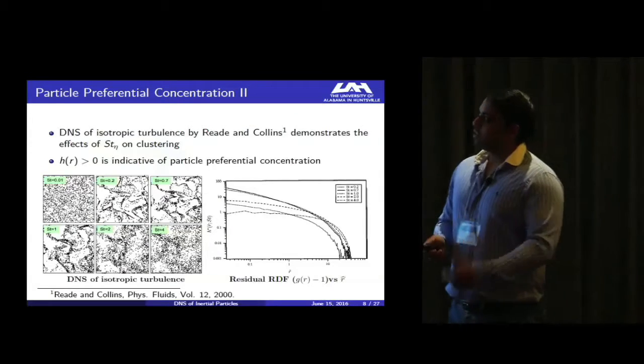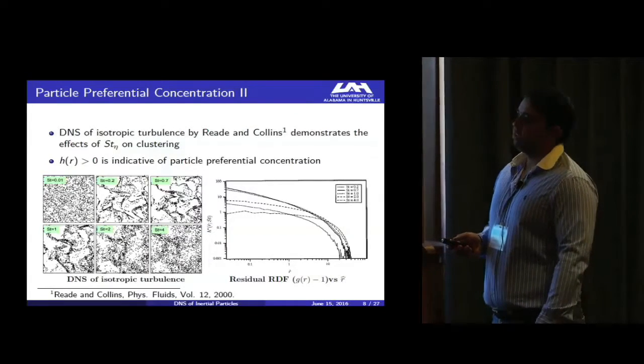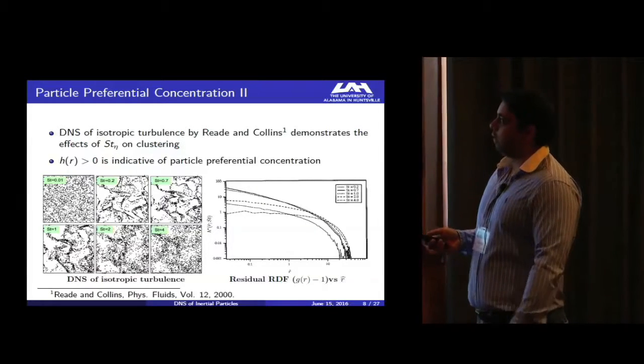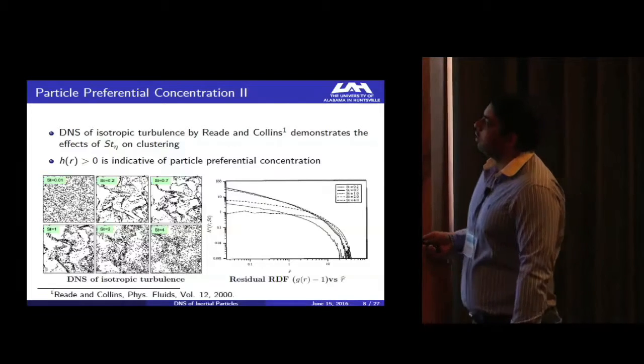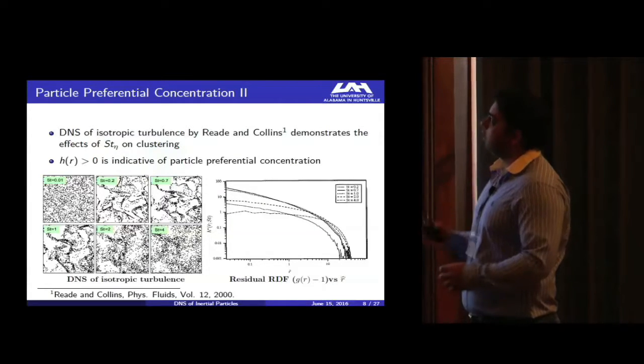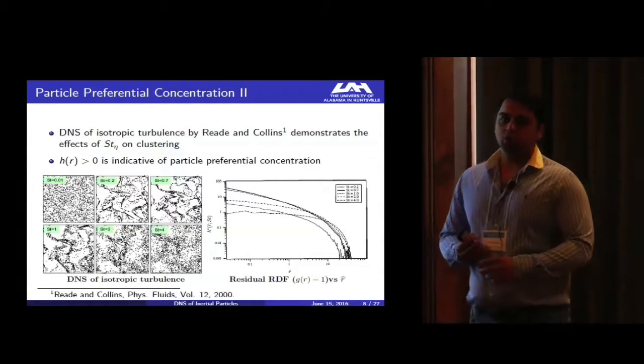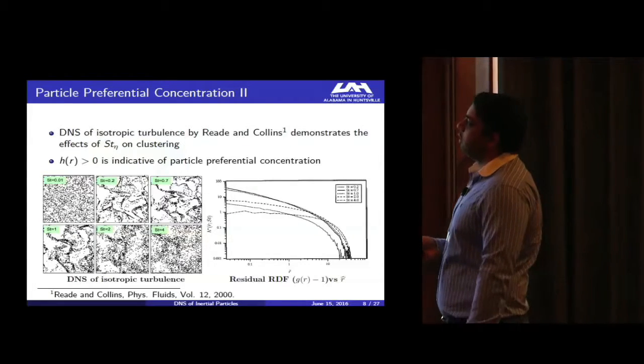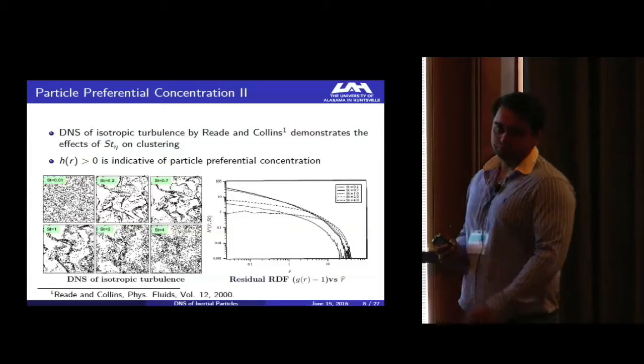And this preferential concentration can also be quantified, as I described earlier, by the statistic known as RDF. So here we are showing the work of Reade and Collins, where they demonstrated the effect of Stokes number on preferential clustering. In their study, they considered 6 different Stokes numbers.